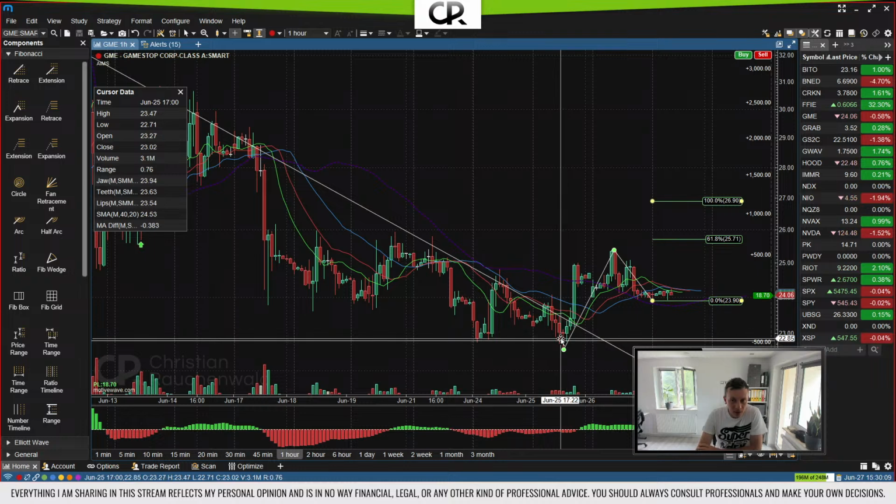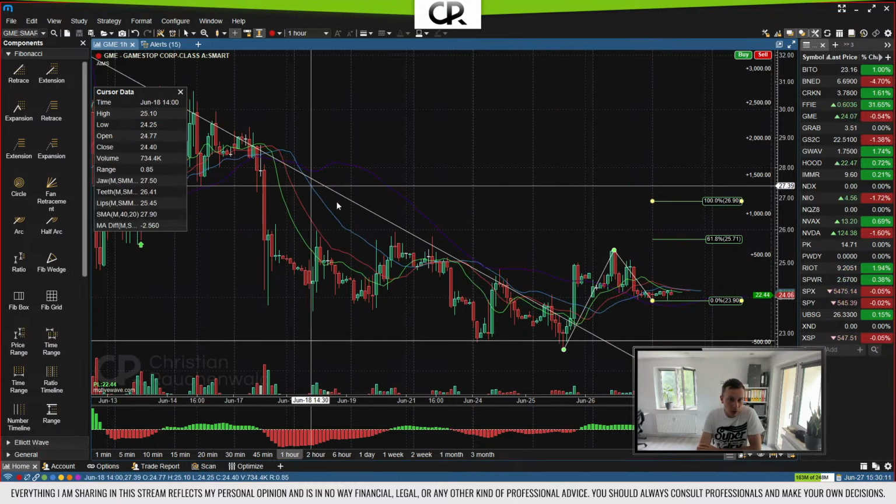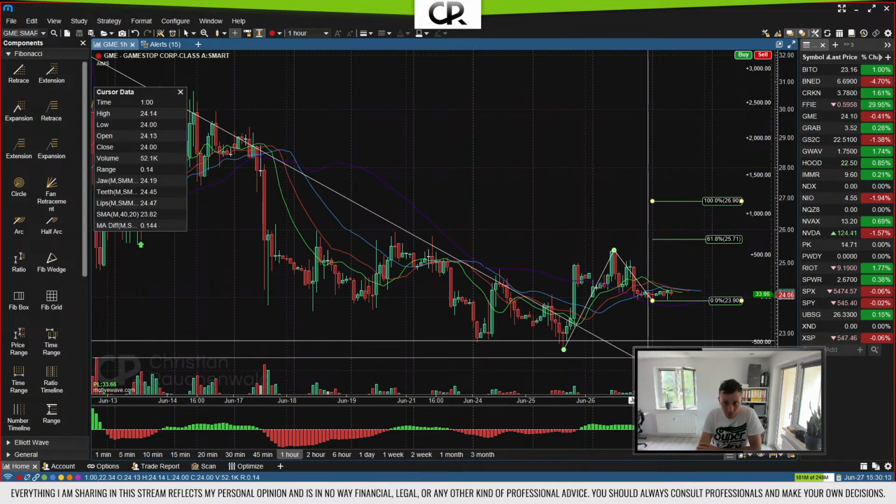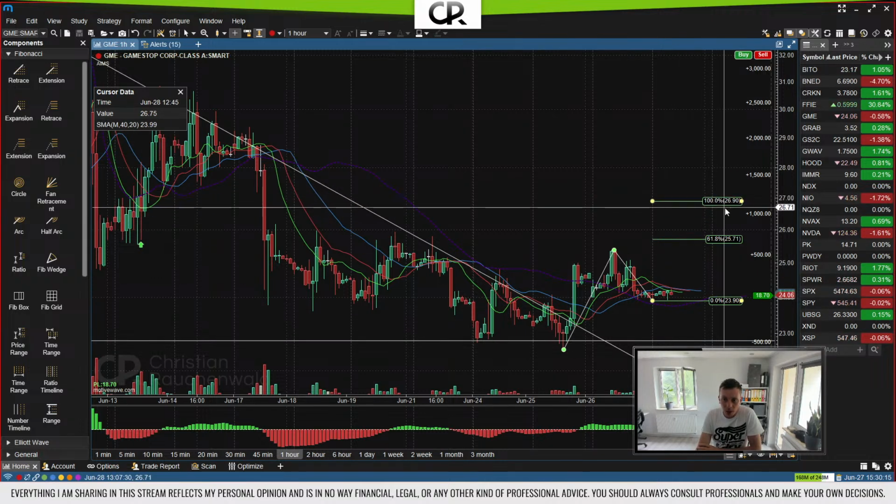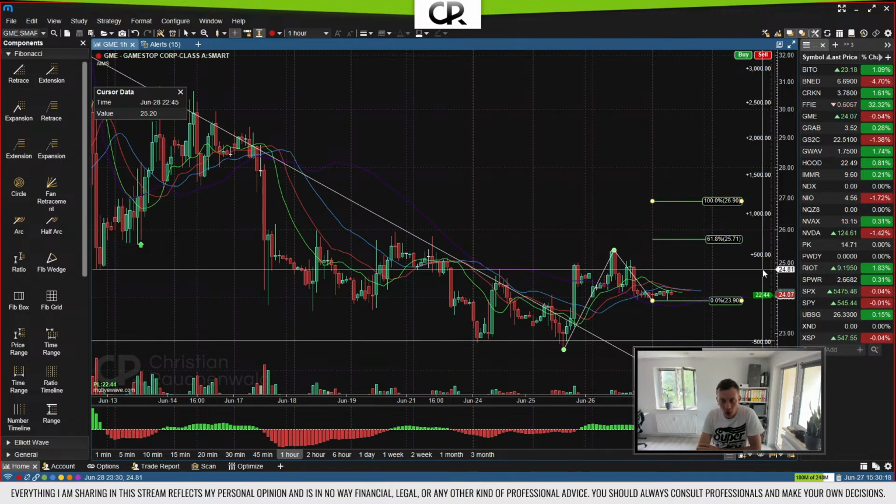And if that is a corrective pattern, so we're overall in wave C on the way down still, then we would expect not to go much higher than that and then turn around from here.